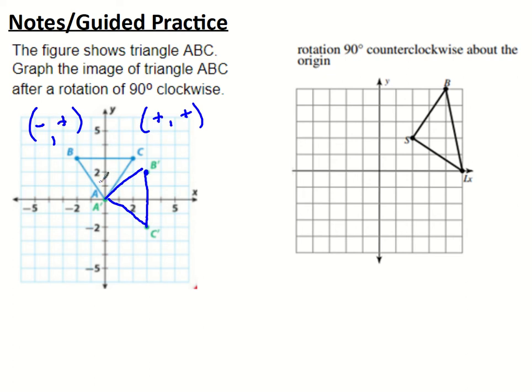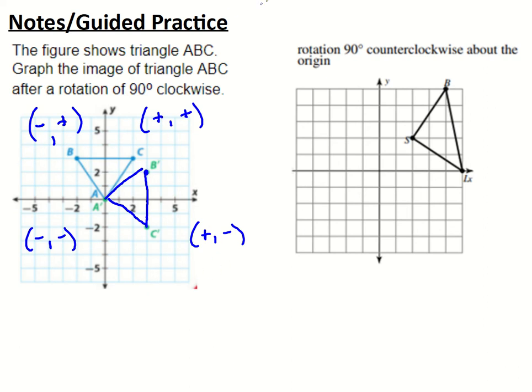I would write this down somewhere. In the bottom right of the graph, all of my X's are positive and all my Y's are negative. And in the bottom left, everything's negative. That's because in this section over here, my X's are negative and my Y's are negative. In this section, all my Y's are positive because I'm up, but all my X's are negative because I'm on the left-hand side. Positive, positive.